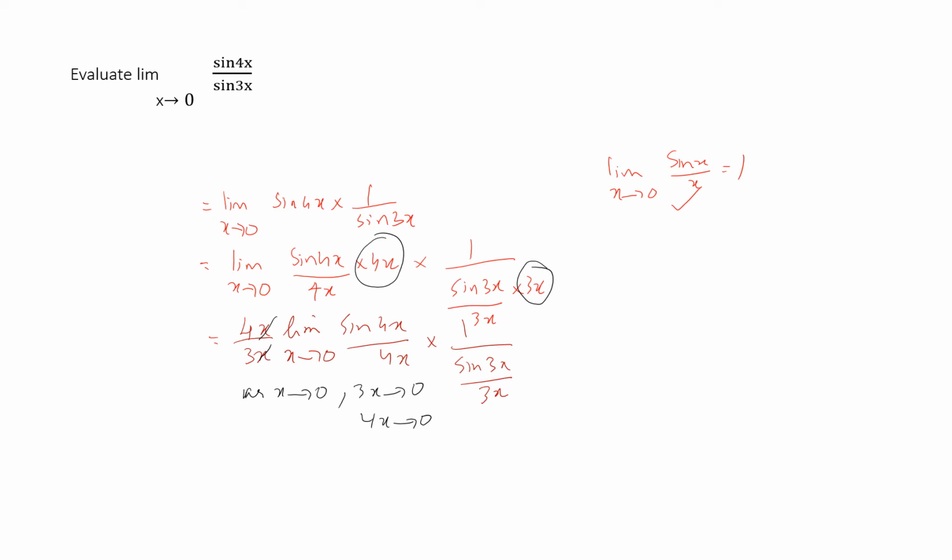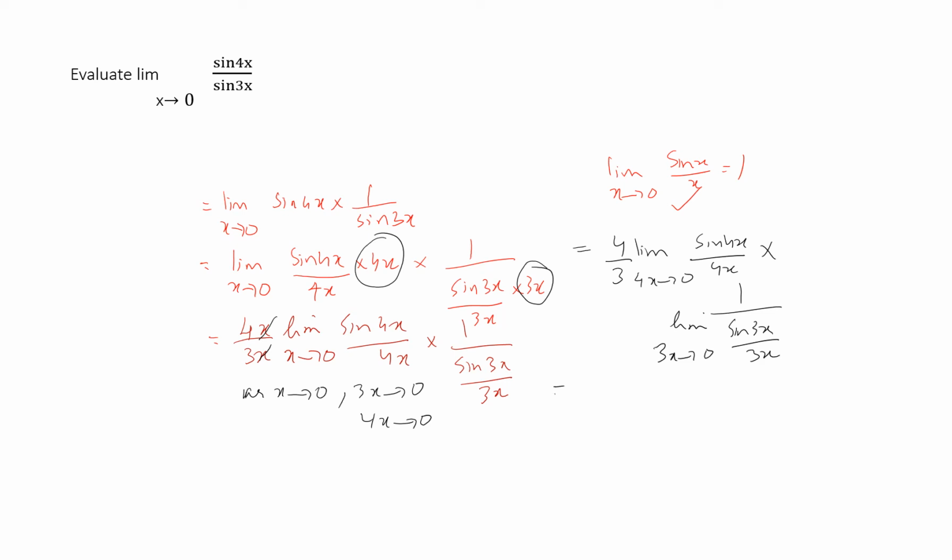Now listen. So this is equal to 4 by 3 into limit. Instead of x tends to 0, you can write 4x tends to 0, sin 4x by 4x into, again you apply the limit 3x tends to 0, 1 by sin 3x by 3x.